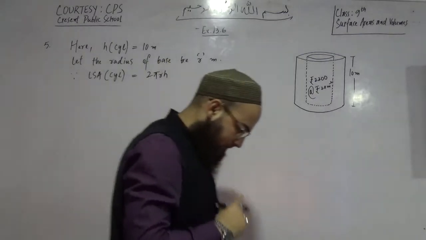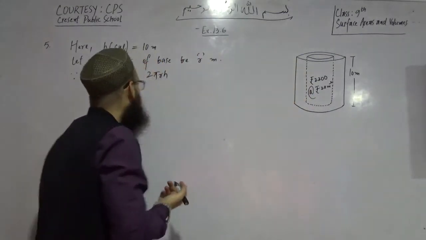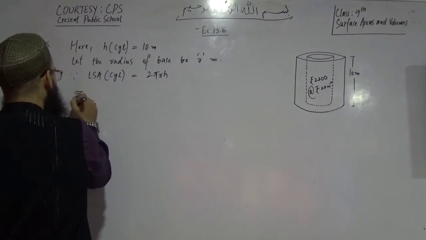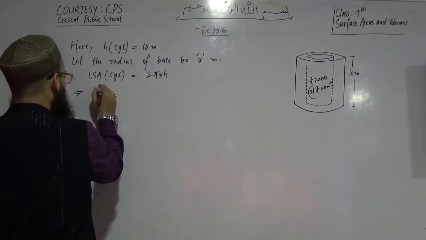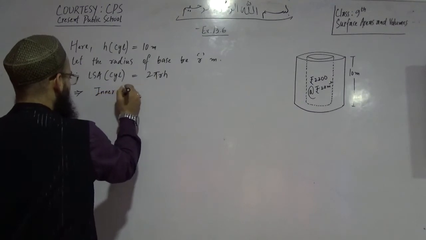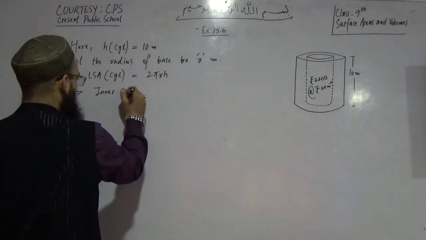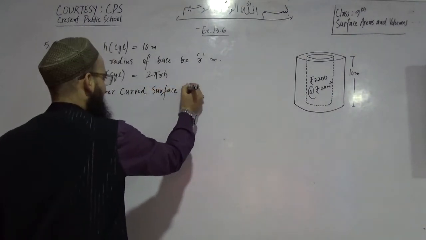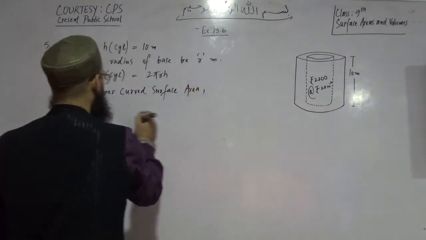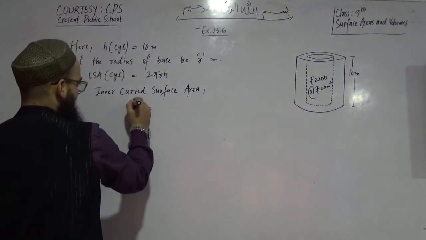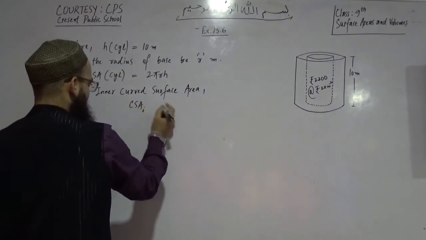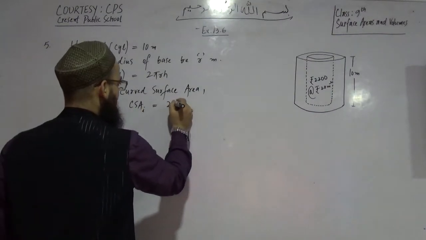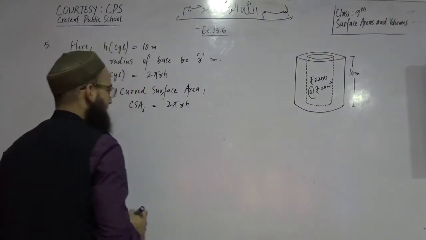Now you don't know the lateral surface area, which implies that inner curved surface area, that is CSAI, is again equal to 2 pi r h.